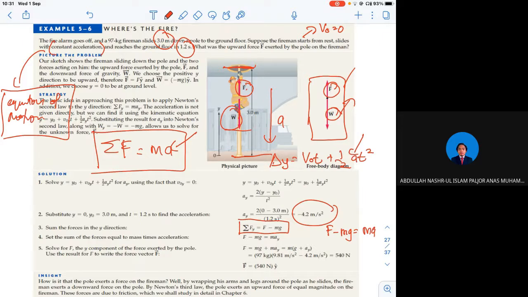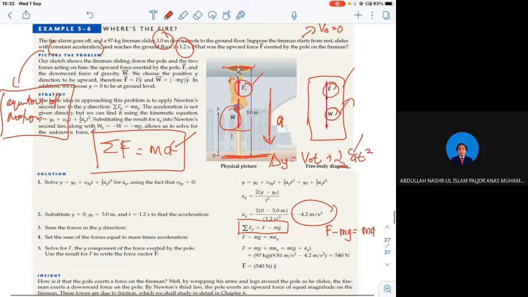But when the acceleration is going down, that means the motion is going downward. The weight will reach the ground first compared to the force, because the weight is actually at the bottom part, but the force is at the top. Using an analogy, which force should reach the ground first?